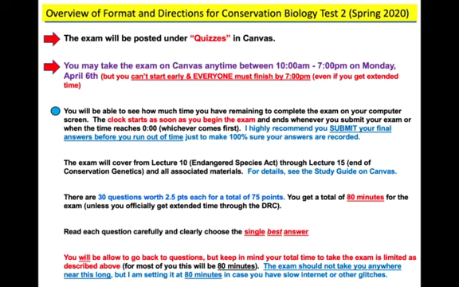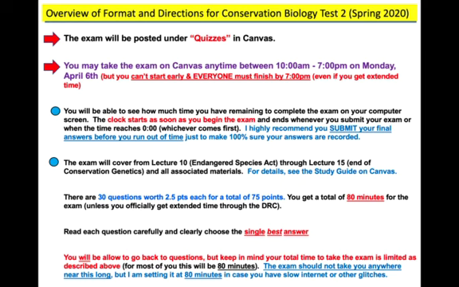But just to avoid any stress over that, I highly recommend you submit your final answers before you run out of time, just to make 100% sure that answers are recorded and you don't have to stress over it. So basically, when you're done, there's a button for you to hit to submit, and just watch the clock and do that before the time runs out, and that'll avoid any potential issues.